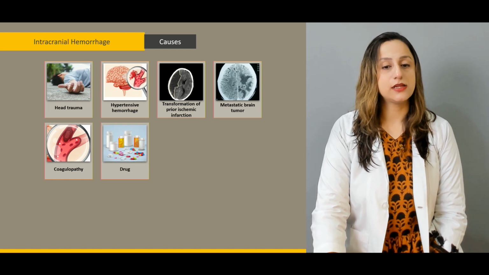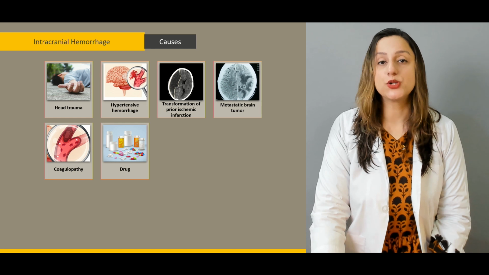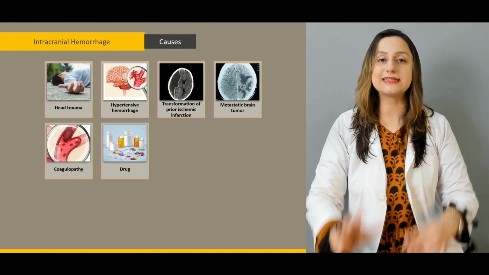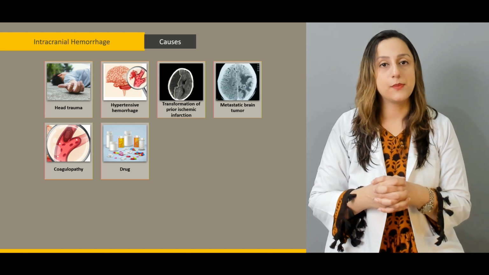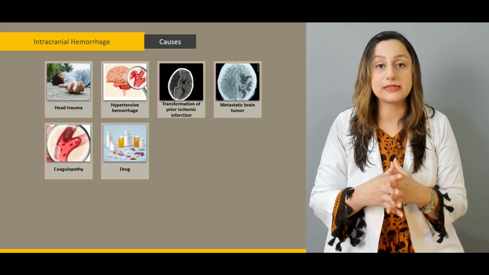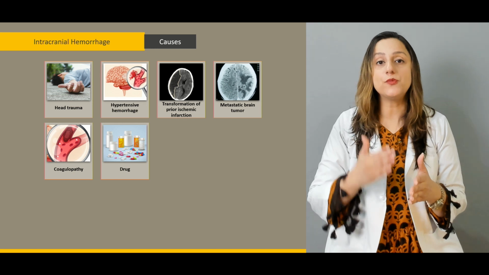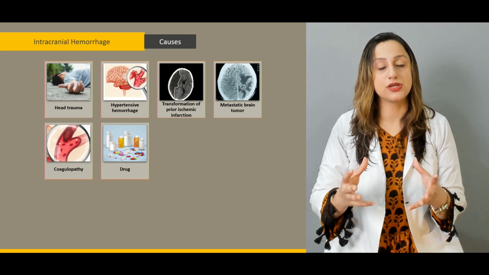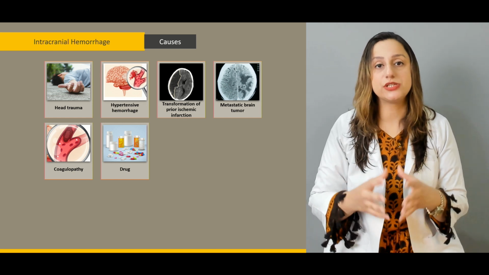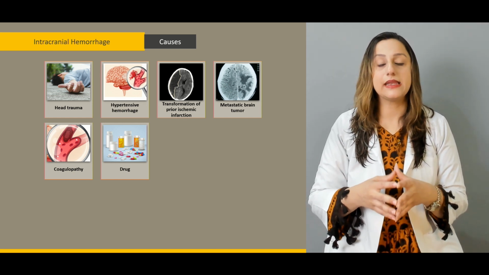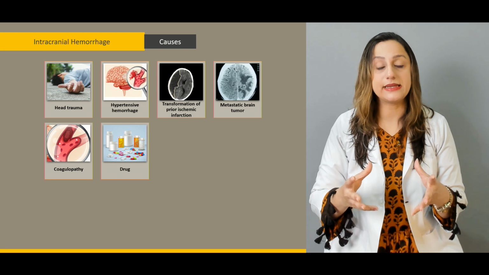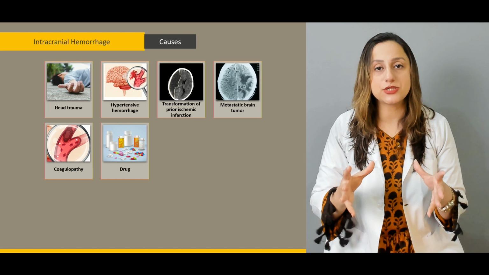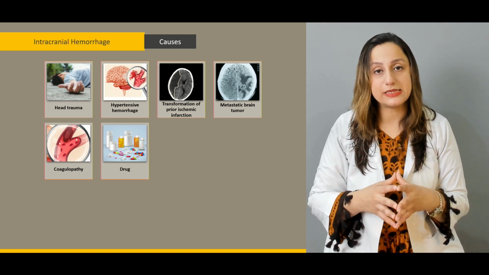Then, of course, a lot of recreational drugs, for example, cocaine and amphetamine, are very important over here. The exact mechanism is unknown, but the proposed mechanism is that the sympathomimetic activity enhanced by such recreational drugs results in hypertension, and extreme hypertensive episodes are noted in these individuals.